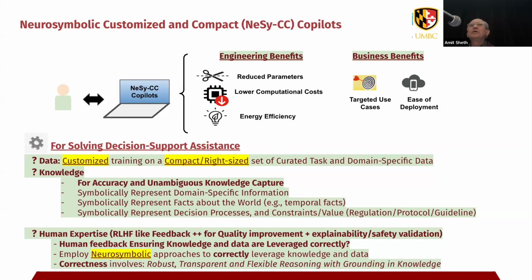So, for example, there is a specific set of steps that a clinician would go through for diagnosis and for treatment planning. It's not arbitrary. It behooves the clinician to conduct certain labs before making a decision, right?